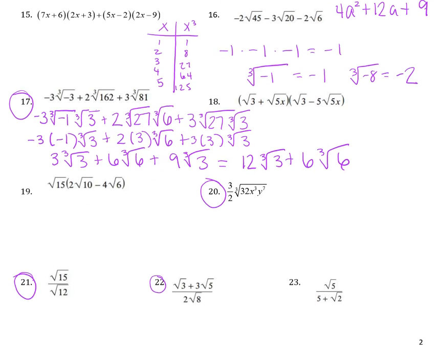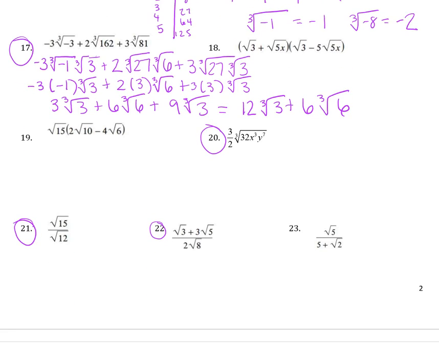Okay, we got another cube example at 20. So I've got the 3 halves in front. That's fine. That's going to just multiply. So I have the 3 halves still hanging out here. I need a factor of 32 that is a perfect cube. So 8 and 4 gives me 32. 8 is a perfect cube, so I'm putting it in my first radical.